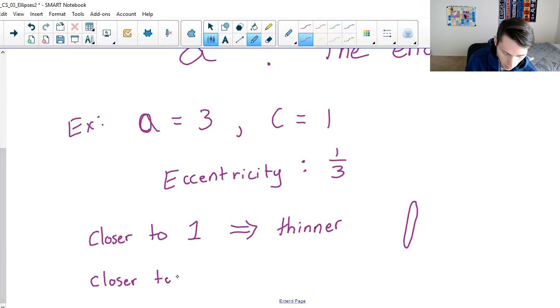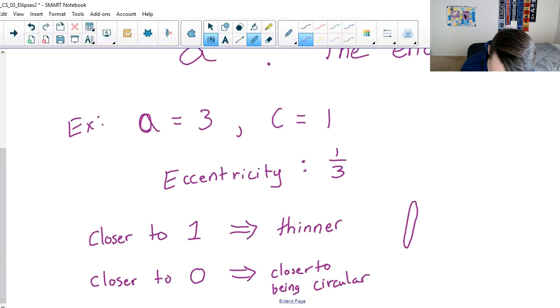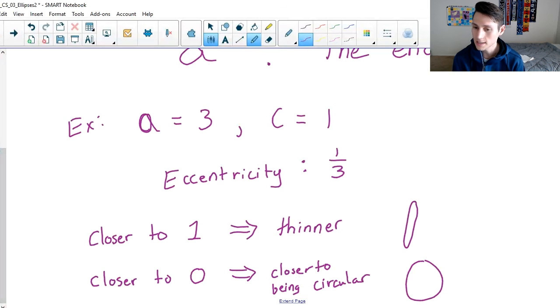And the closer to 0 that the eccentricity is, the closer to being circular. Right, so maybe something like this, where it's definitely an ellipse. It's not a perfect circle, but it's closer to being more circular.